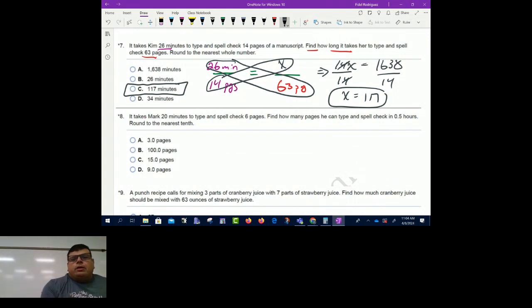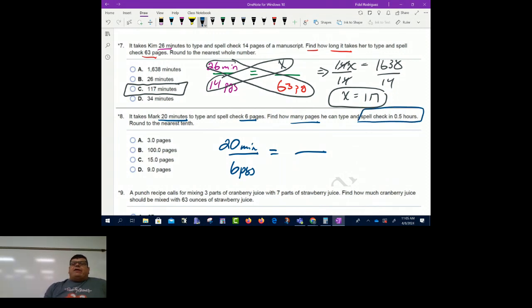Okay. So, y'all, problem number 8, very similar. It takes Mark 20 minutes to type and spell check 6 pages. Again, one fraction equals another. So 20 minutes for 6 pages. Okay. Find how many pages he can type and spell check. Whoa, look at that, y'all. 0.5 hours.